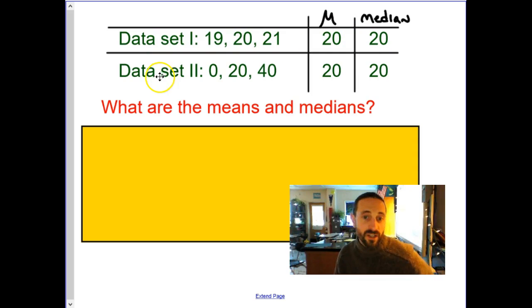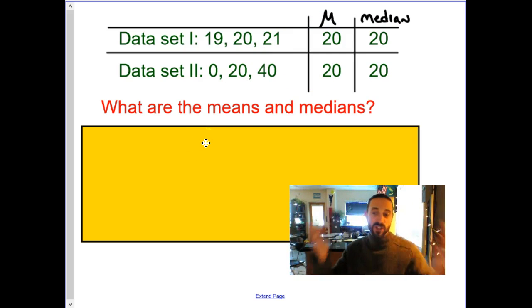For data set 2, 0 plus 20 plus 40 is also 60, and 60 divided by 3 is also 20. And of course 20 is also the middle number. So here are two data sets that have the same mean and median, but clearly they are different.